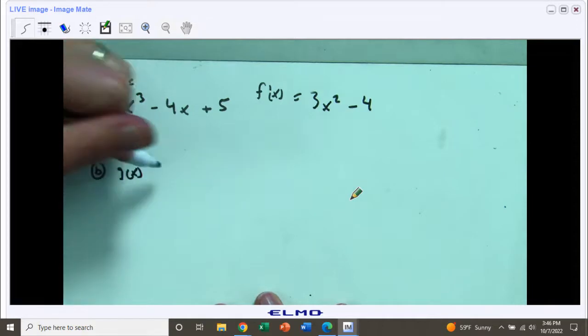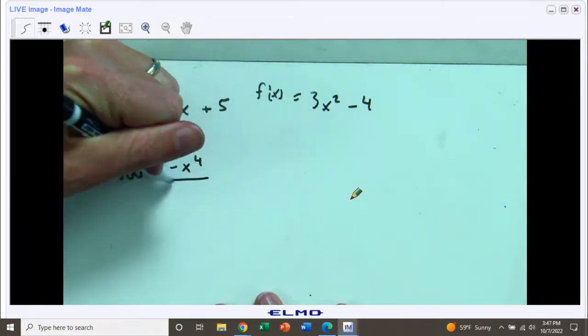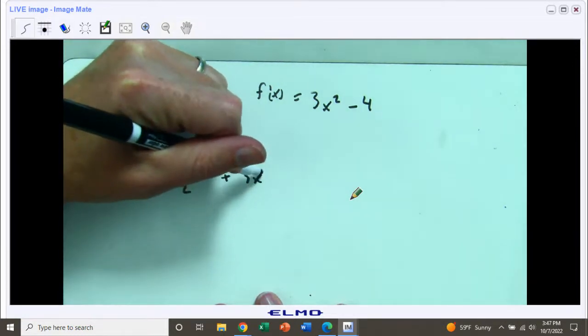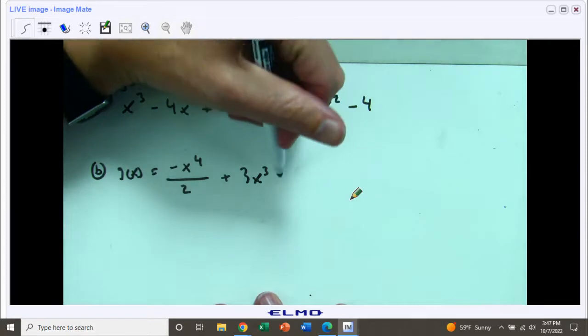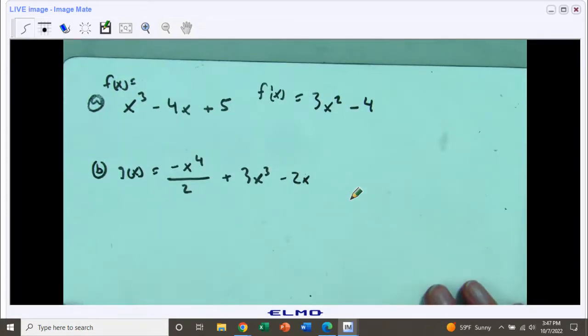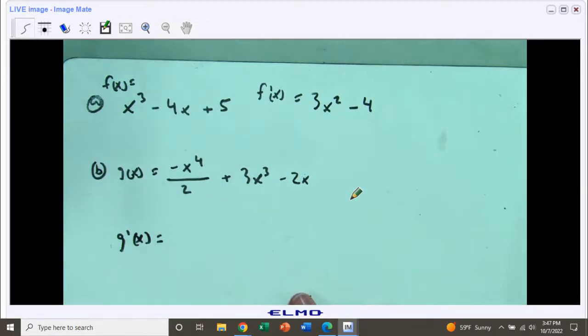with rewriting stuff. So let's go with negative x to the 4th over 2 plus 3x cubed minus 2x. All right, that's our g of x. If you want to pause the video and give this a shot, you can, or you can just follow along with me now.